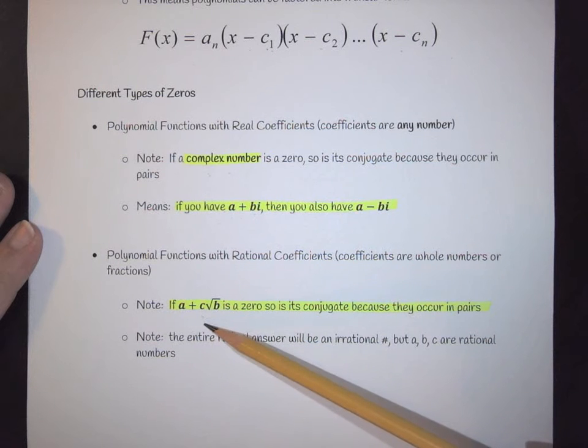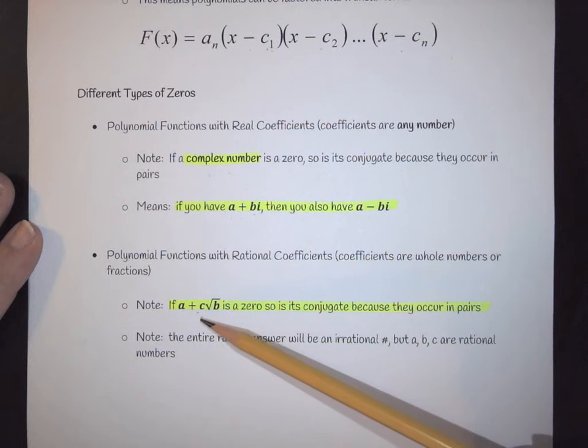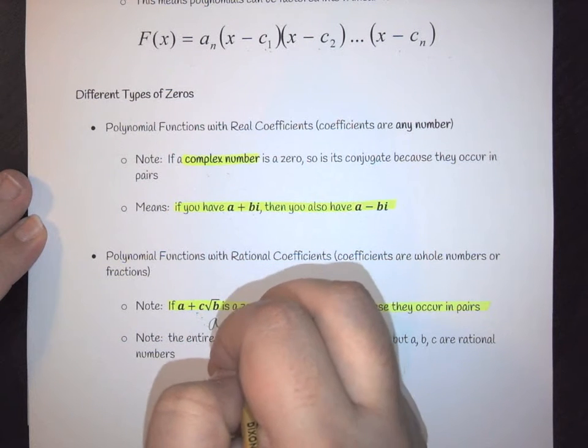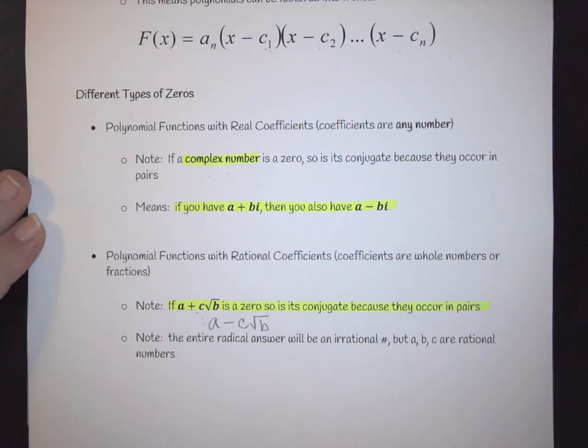If we have a radical as a zero, and say in this case it's positive, well then we know the other zero is going to be the negative, so a minus c square root of b. Again, they always come in pairs, as the plus and minus.